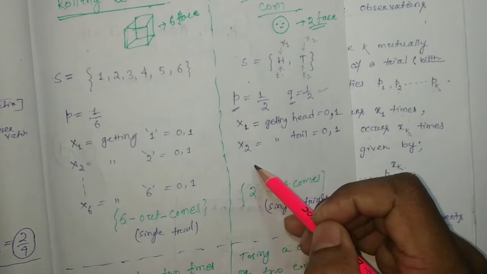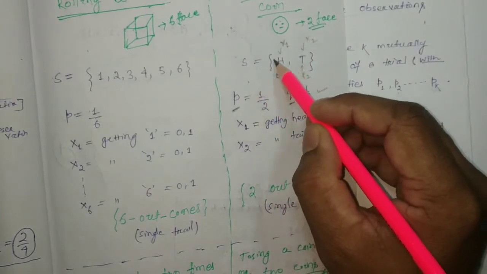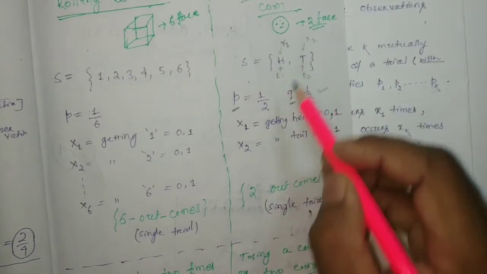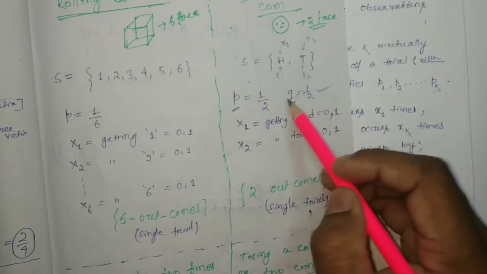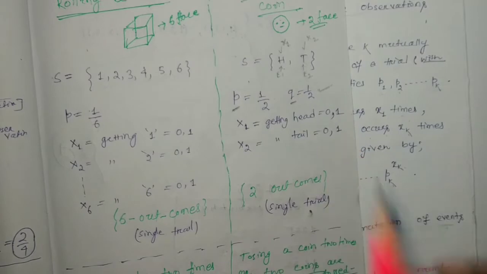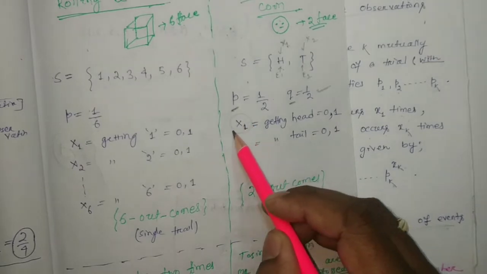That means this is our sample point. The probability of getting head will be 1 by the total sample points, that is 2, so 1 by 2, and tail also 1 by 2. Those things we have already discussed in the traditional way. So here you can see X1 represents getting head.